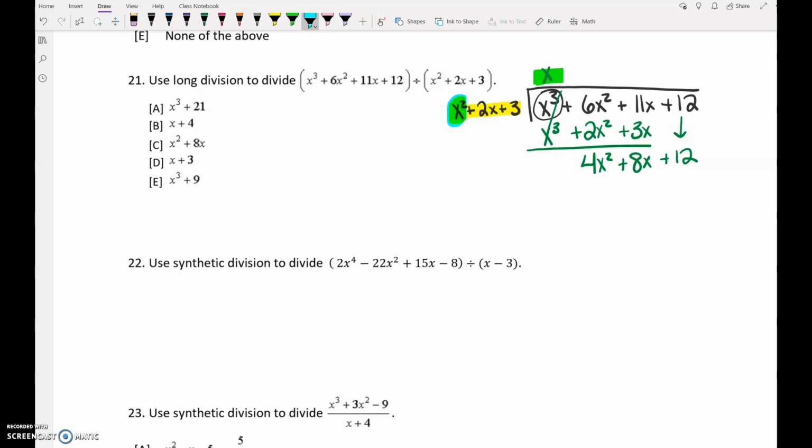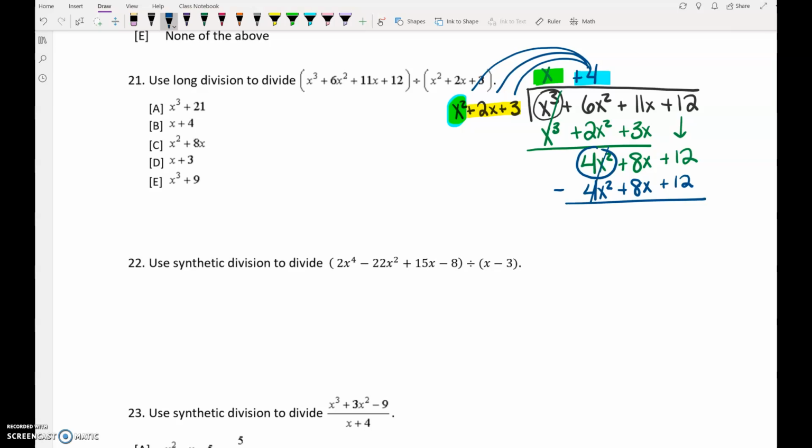X times what is going to give us whatever is directly below that, all the way at the bottom, 4x squared? X squared, we would need the 4. Then distribute that to all three of those terms. 4 times x squared is 4x squared. 4 times 2x is 8x. 4 times 3 is 12.